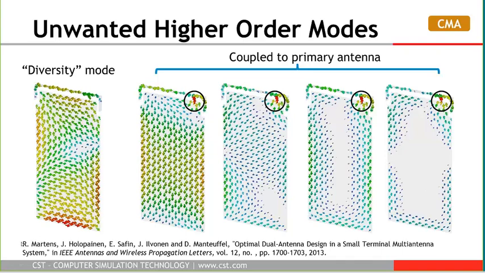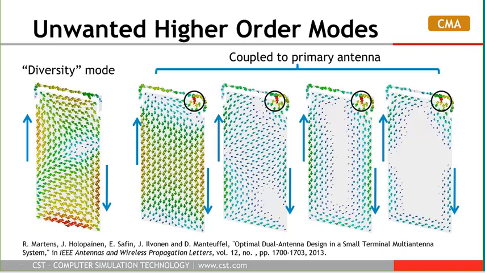One of the positions where to place the coupling elements was again proposed by Robert Martens in the article below. And the positions, so actually there will be 2 coupling elements which will be excited out of phase.